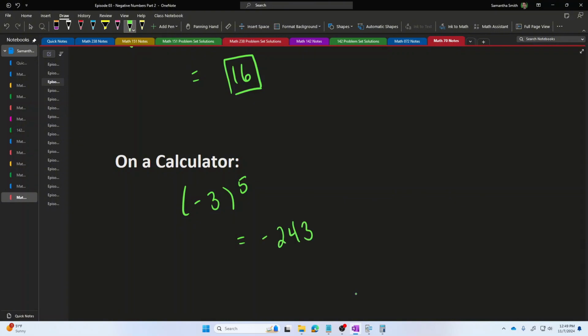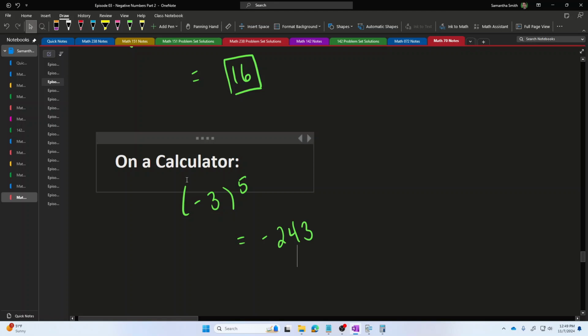And this makes sense because if I'm multiplying together 5 copies of negative 3, then I would get 5 copies of the minus sign from that. And so since I have an odd number of minus signs coming from this odd exponent, I would get a negative final answer from that product.